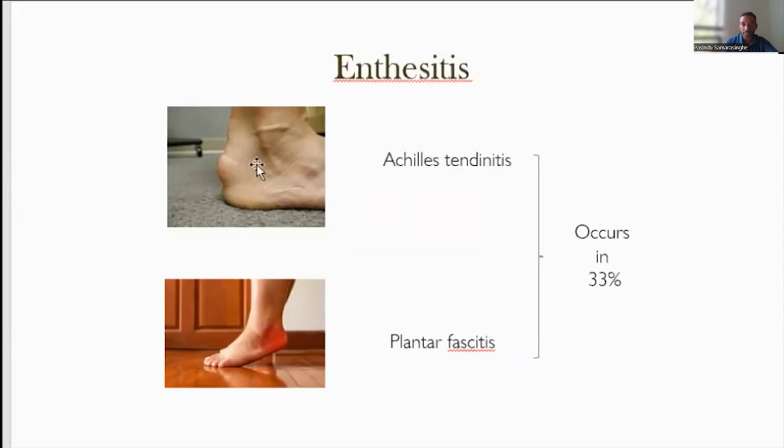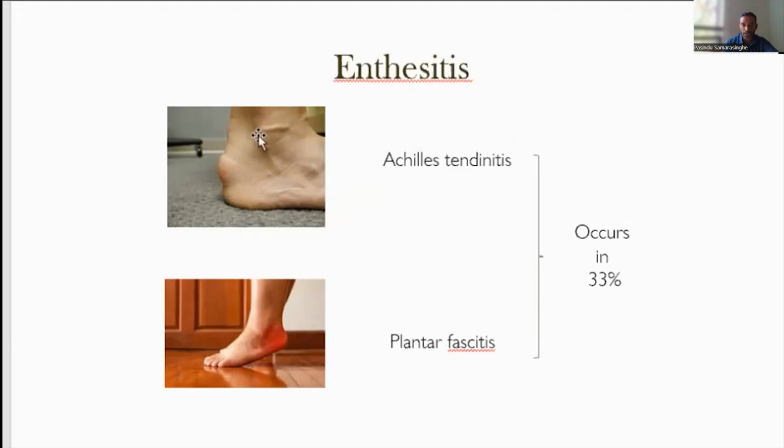So when you get a patient with ankle or heel pain, the thing you have to differentiate is whether it's coming from the Achilles tendon. So you apply pressure over the Achilles tendon. If it's ankle joint involvement, the main tenderness is over the ankle joint line. The joint line is the malleoli, the medial and lateral malleoli.